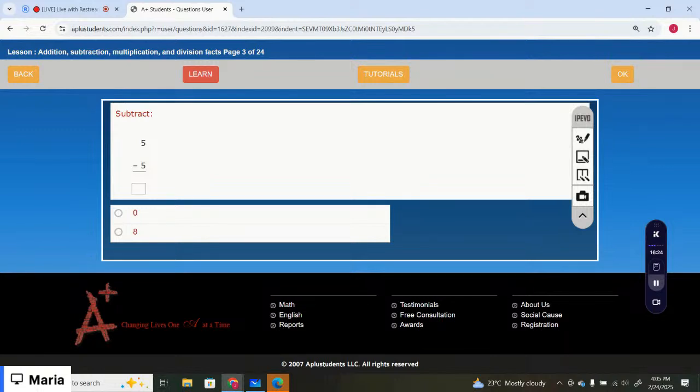5 take away 5, which is the correct option? 0 it is.